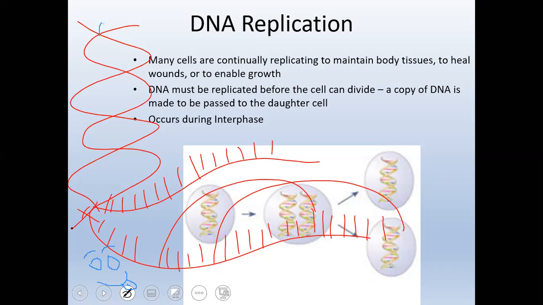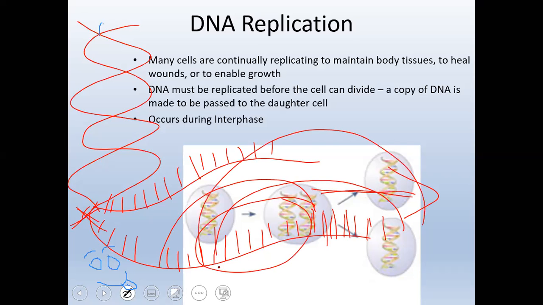It's unzipping from here, but I'm filling it in this way. So by the time I have filled this in, I now have a whole blank spot, and I have to go back and fill it in. And then I got a blank spot, I have to go back and fill it in. Is everybody with me on that?